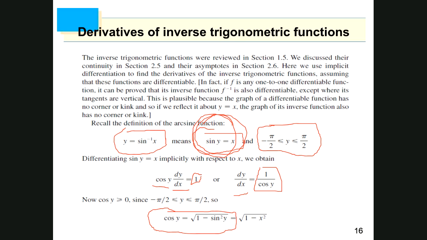Remember, we don't have plus or minus because within this interval, cos y will always be positive. All right. And if you have square root of 1 minus sine squared y, you go back to what we were differentiating before, which is this guy at the top. Sine of y is just equal to x. Therefore, everywhere I see sine y, I can just put x. I end up with square root of 1 minus x squared.